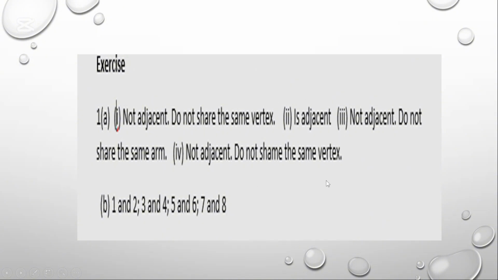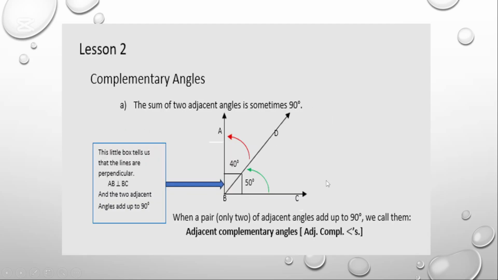Okay. Now we continue with lesson 2 immediately. Look at this figure here. We know these 2 angles are adjacent because of this common vertex, because of this common side, and they are next to each other on both sides of the common side.